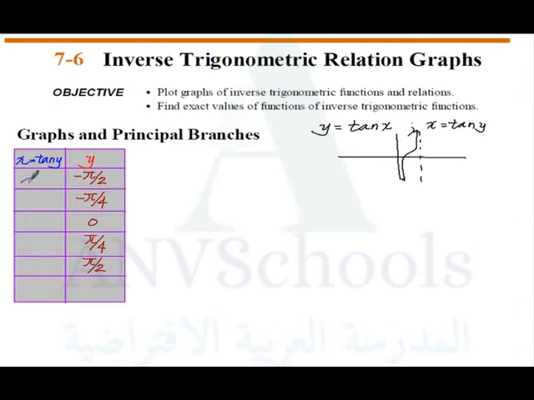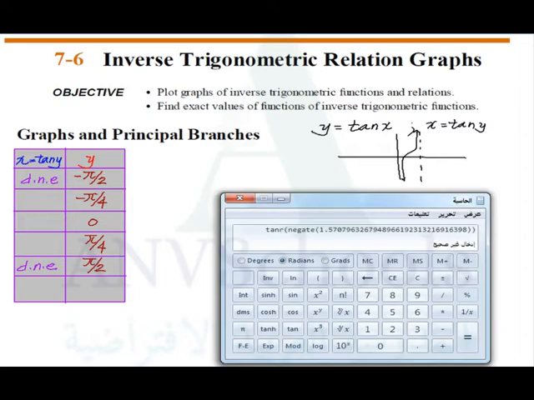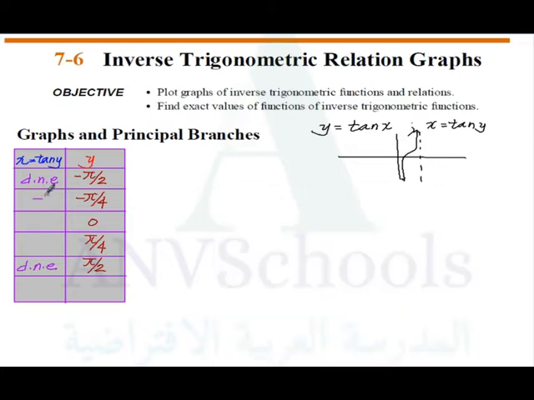It does not exist, meaning we have an asymptote here, and we also have an asymptote here. So negative pi over 4, that would be pi divided by 4. The tangent of negative pi over 4 would be negative 1. So this is negative 1, this is positive 1. And at 0, our x would be 0.